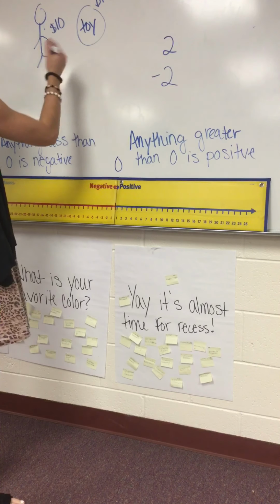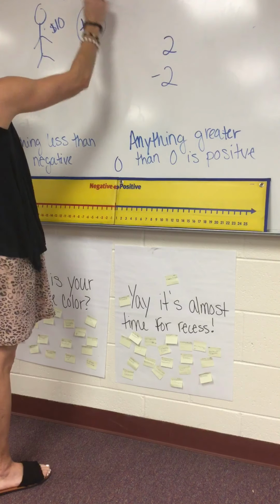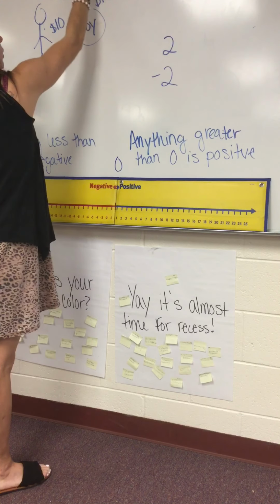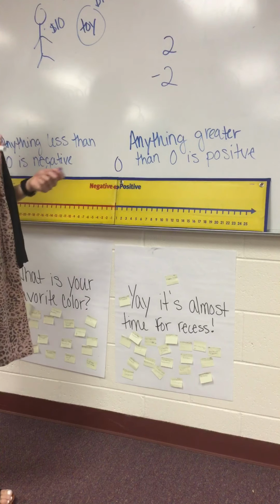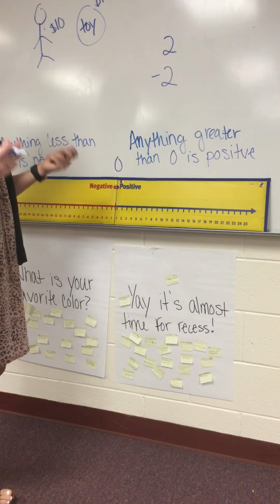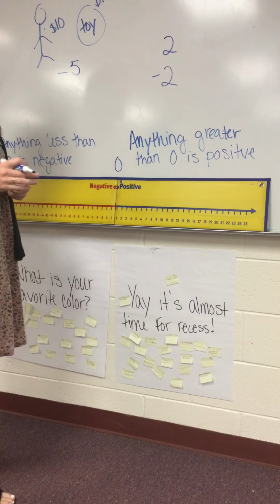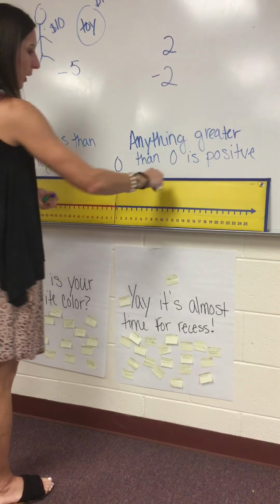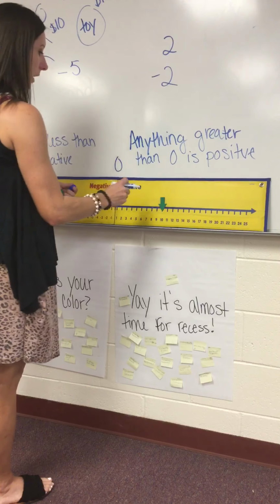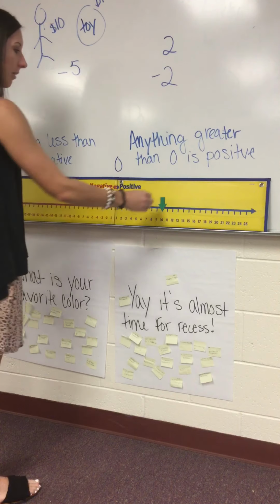And so your mom gives you, how much do you need? $5. So you have 10, you need 5 more. Your mom gives you $5 to pay for this toy. But that doesn't mean now you have $15. No, now you have negative $5 because you owe your mom $5. So that's what that means. First you had $10 and you needed to borrow money from your mom and she gave you 5.